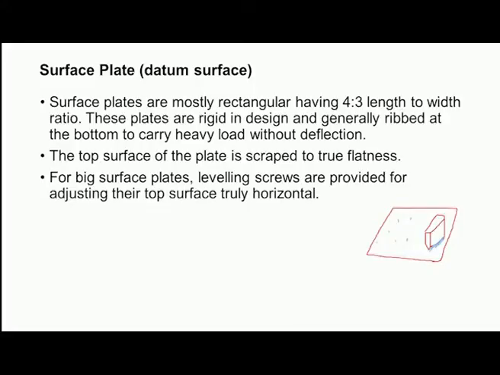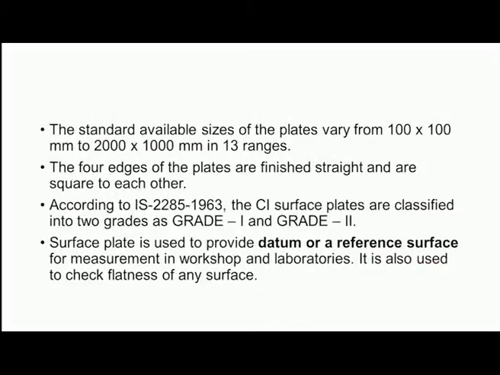And for big surface plates, leveling screws are provided for adjusting the top surface truly horizontal. Now, the standard available sizes of plates vary from 100 by 100 millimeter to 2000 by 1000 millimeter in 13 ranges.